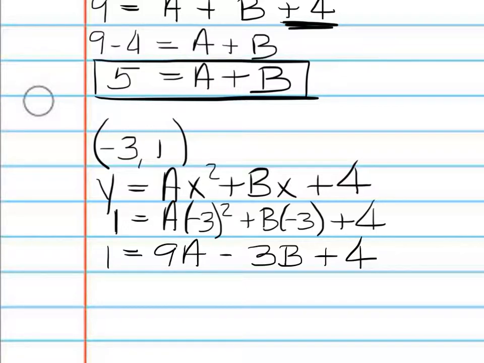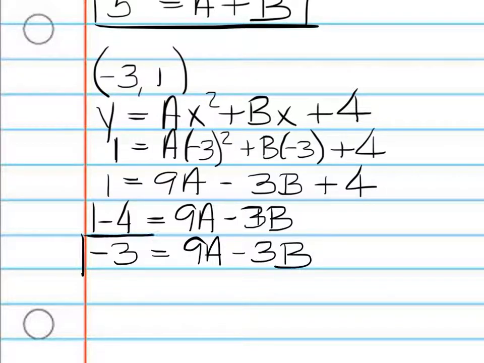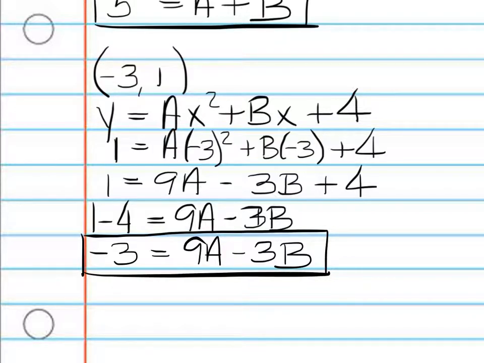We want to move that 4 over to the left-hand side. It becomes minus 4, and then we simplify it. 1 minus 4 is negative 3. Now we have a second equation here.